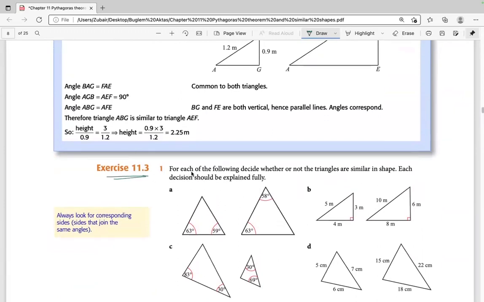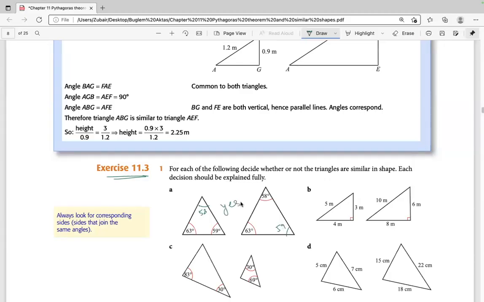Exercise 11.3: for each of the following, decide whether or not the triangles are similar. For the first one, I'm finding the third angle: 180 minus 63 minus 59, I'm getting 58. And 180 minus 63 minus 58, I'm getting 59.